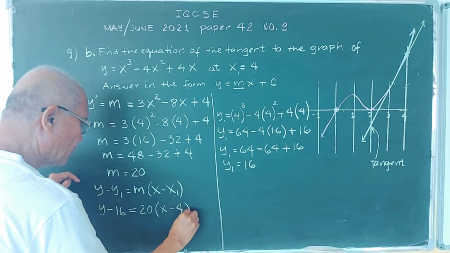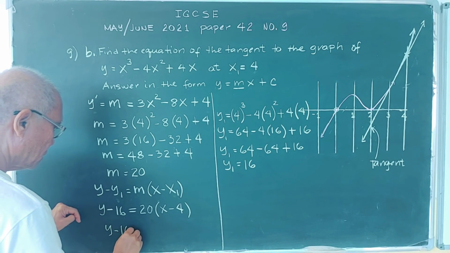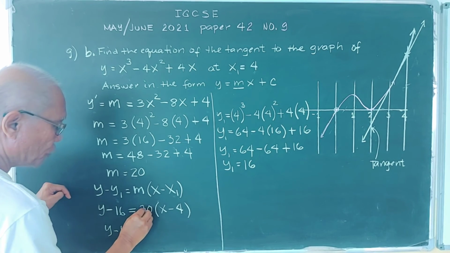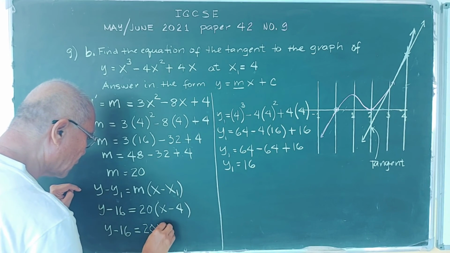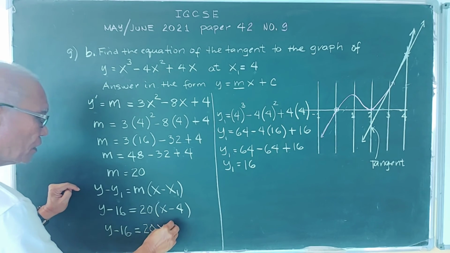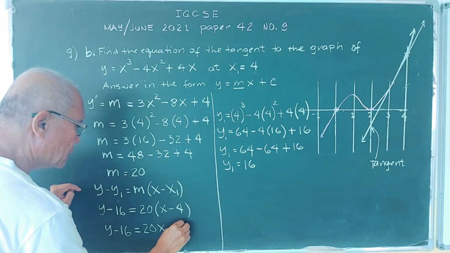Then y minus 16 is equal to 20x, positive times negative is negative, 20 times 4 is 80.